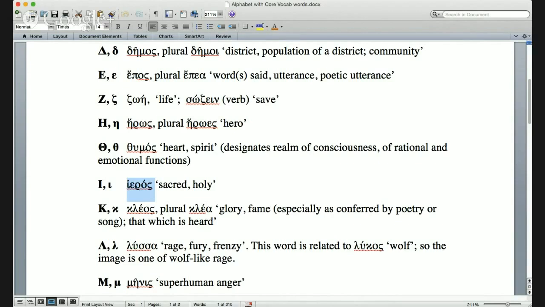The iota can be long or short. It could be an I or an E, okay? And you just have to learn it by listening to the words and practicing. So in this case, hieros, meaning sacred or holy. We get English words like hierarchy coming from this word.